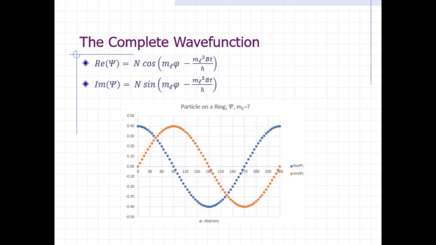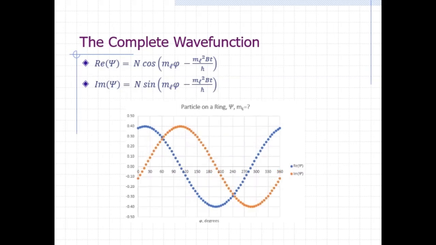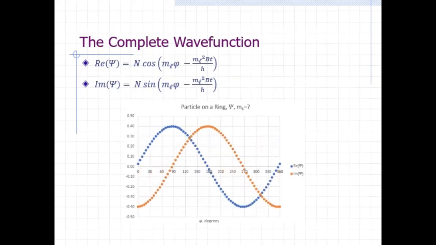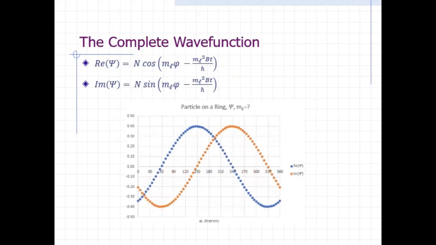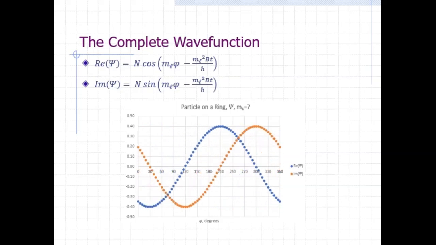Given the number of nodes shown, the quantum number m sub l is 1. Remember that the number of nodes in either real or imaginary component is 2 times m sub l. Now watch what happens as time advances. You can see that the value of the real and imaginary components oscillate at any given location.